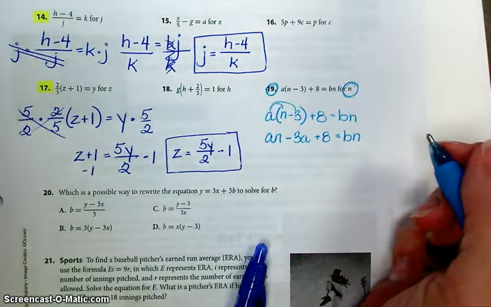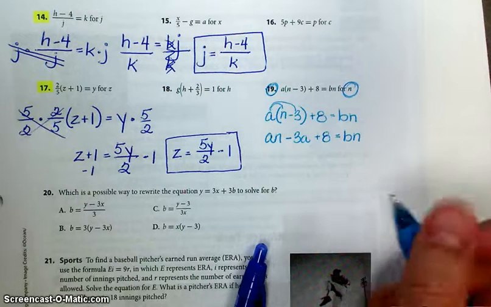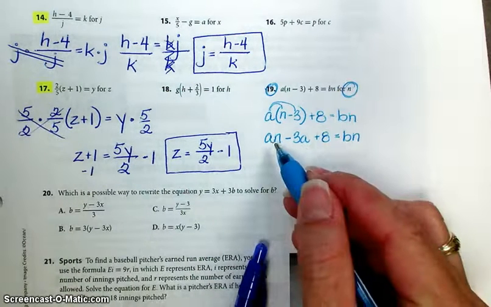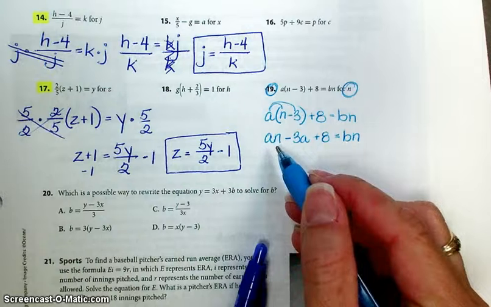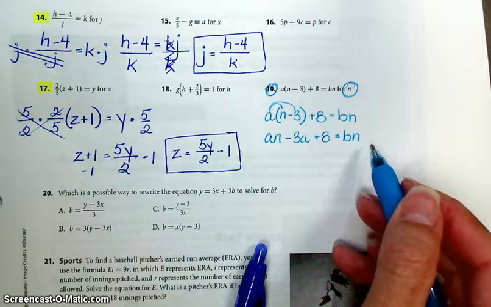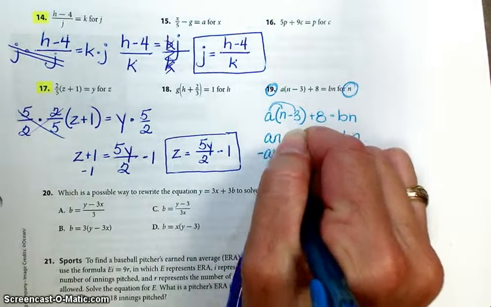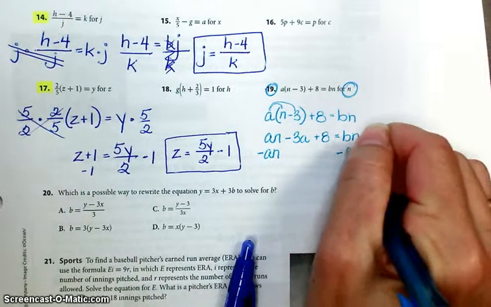Now I want to work towards getting n's all by themselves and everything else moved to the other side. So what I'm going to do next is take this term here, which has an n, and move it over here so that it's on the same side of the equal sign as the other term that contains n. So here we go. Minus an, minus an.